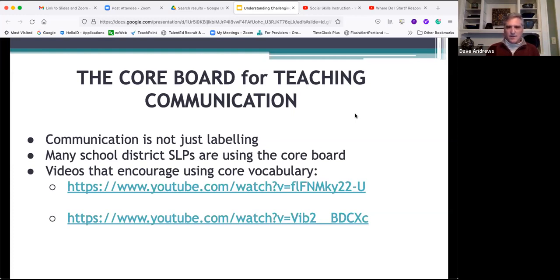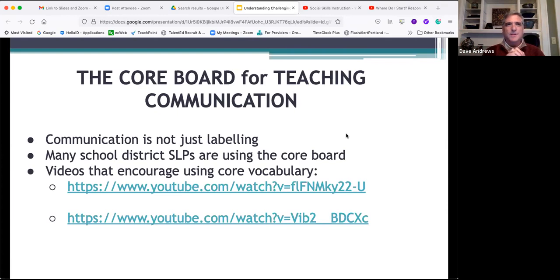So the thing to remember is that communication is not just labeling. Just having words or things on a board or words in the classroom, that's not enough because that's just the label. So many school districts are using this core board.